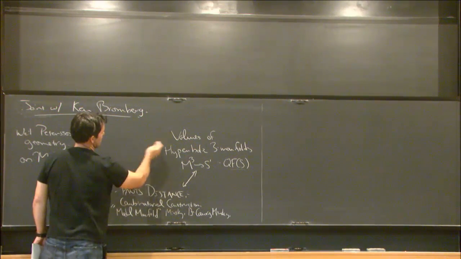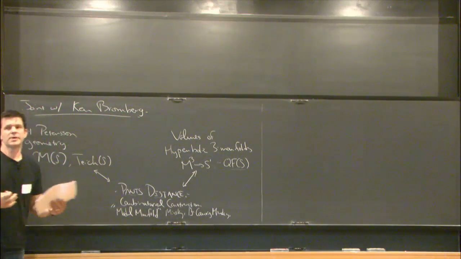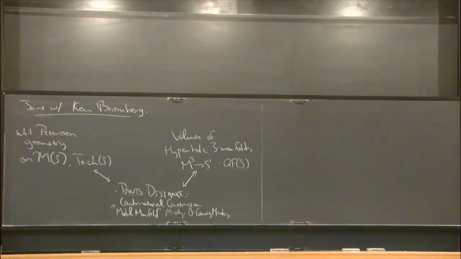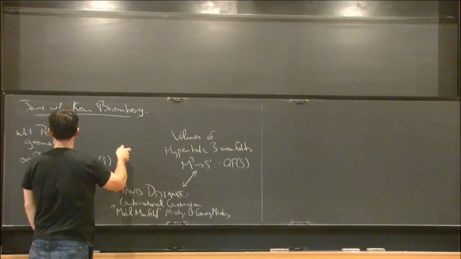For example, the volumes of hyperbolic 3 manifolds are well ordered with order type omega to the omega. And so we had this kind of beautiful study of what are the bottoms of the accumulation points, what are the least elements, and then the next least element in the sequence, et cetera.